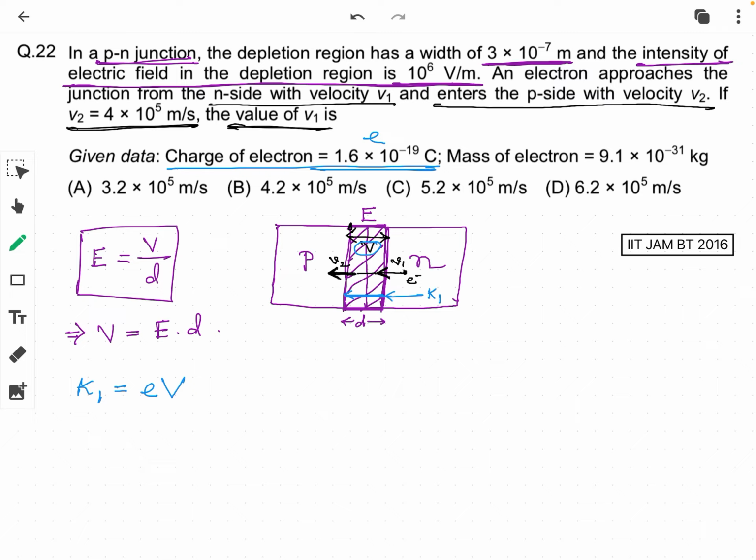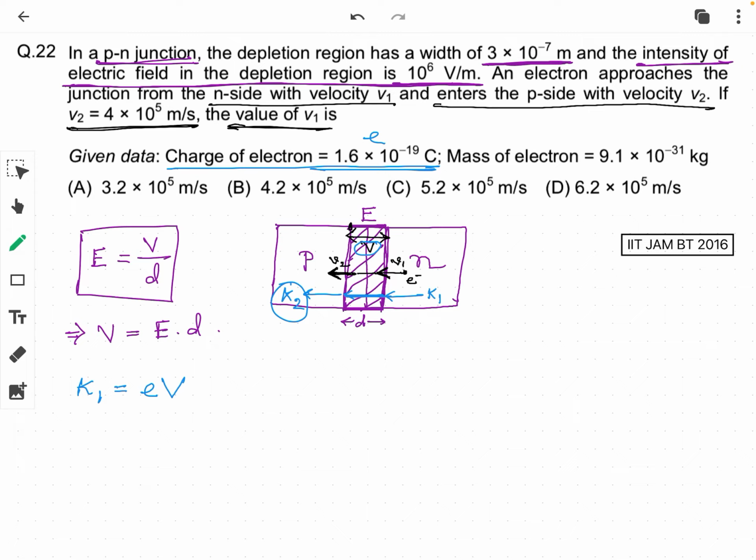So e times V is the one part which is wasted to cross the depletion region, and the excess energy, which is the rest energy, the electron has now is suppose K2, the kinetic energy. Okay, so this K2 is left.